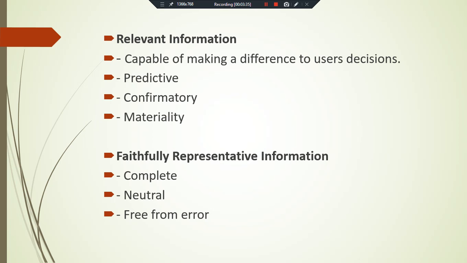So this means that as much as possible, it must be complete, have all the information necessary without being overwhelming or too waffly. Neutral, that means free from bias, not skewing decision making in one direction or the other, and as much as possible free from error.